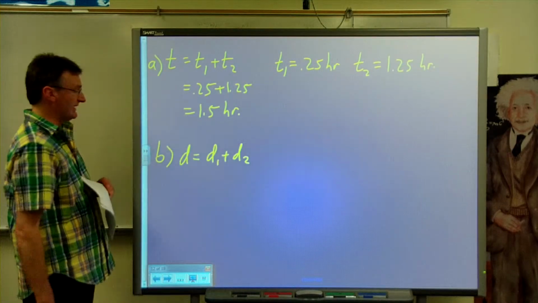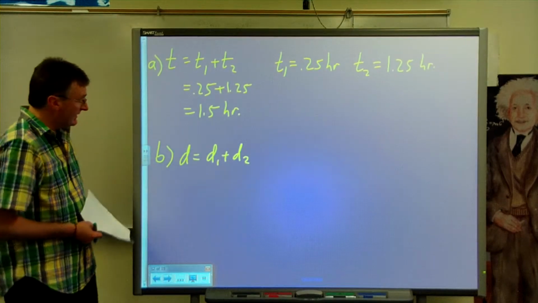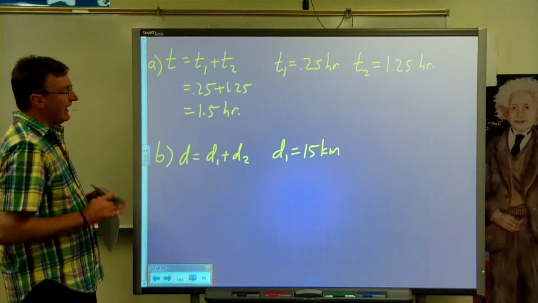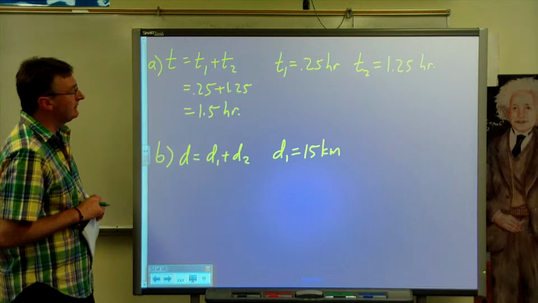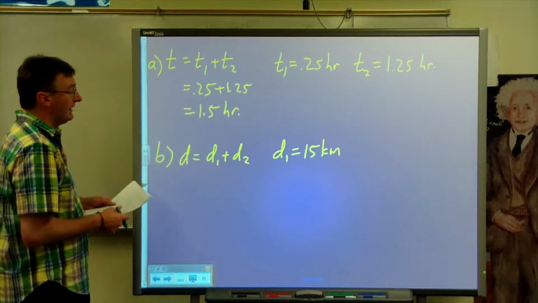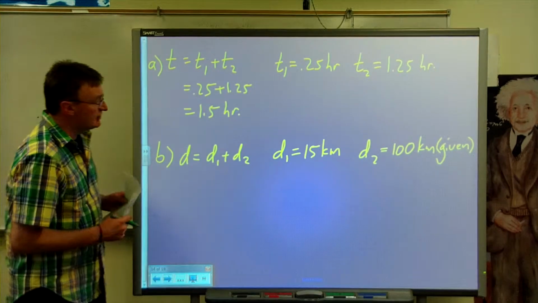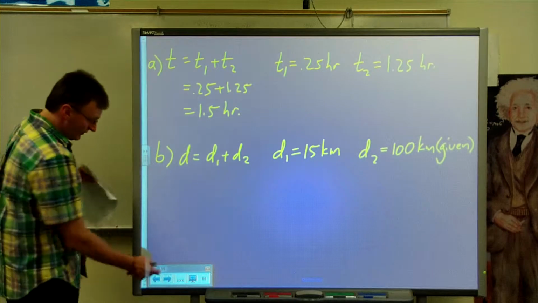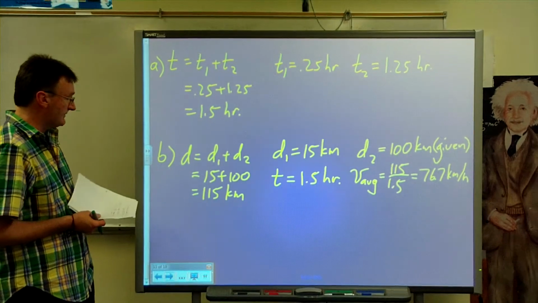Okay, now let's look at the total distance. Distance is going to be d1 plus d2, and d1 I think we've calculated that at the very beginning, and that was 15 kilometers. And d2 was given, which was 100 kilometers. So d1 plus d2 then is going to be 115 kilometers.